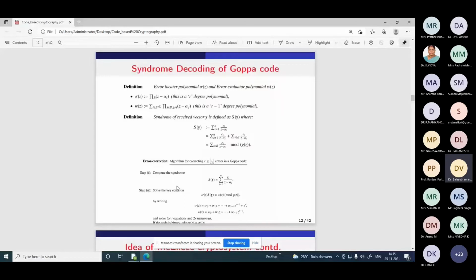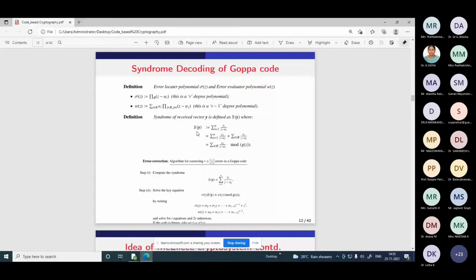The person knows the details. He knows the L set, the primitive polynomial, everything. So he can compute sigma(z) and W(z). What is sigma(z)? It's the error locator polynomial, and W(z) is the error evaluator polynomial. So he can do the decoding process. He will find out the syndrome vector S of y using this.